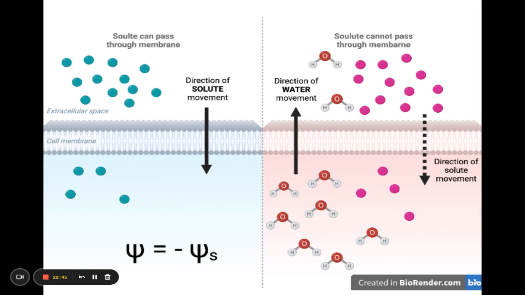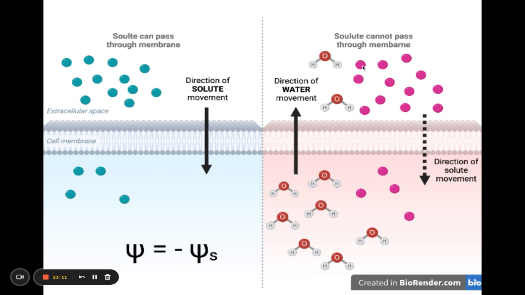On the left, you have a solute that can freely pass through the membrane. Which way is the solute going to move? It's going to move from the outside, in this case, to the inside of the cell. Why? Because there's more solute on the outside of the cell than inside the cell. So diffusion goes from high concentration to low concentration, correct? Now look on the right. Now I have a pink or magenta solute.